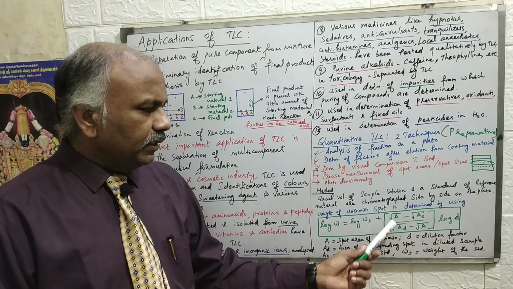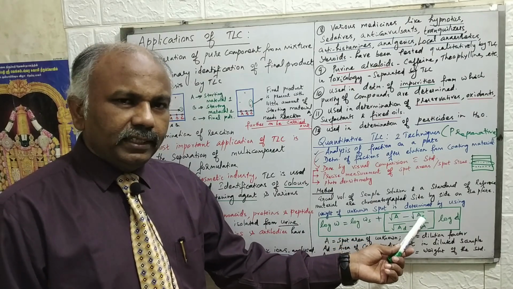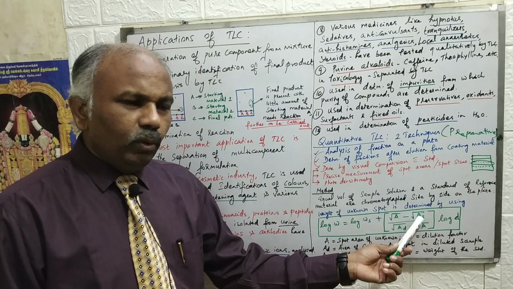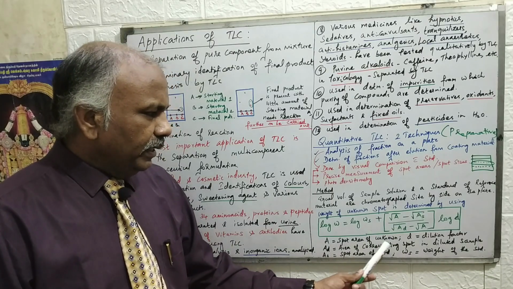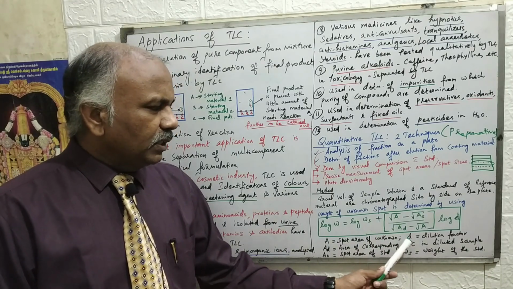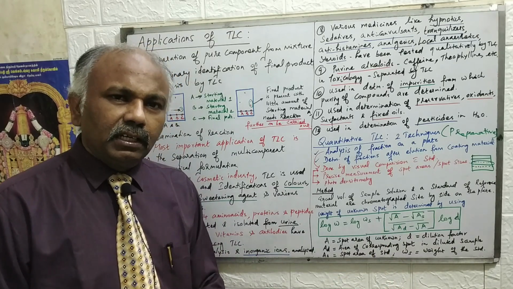Root A is the spot area of the unknown, root AS is the spot area of the known standard, and root AD is the area of the corresponding spot in the diluted sample. Particularly in the diluted sample, what is the area of the corresponding spot?